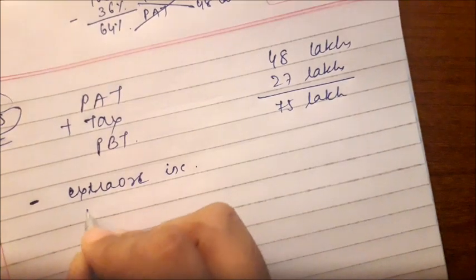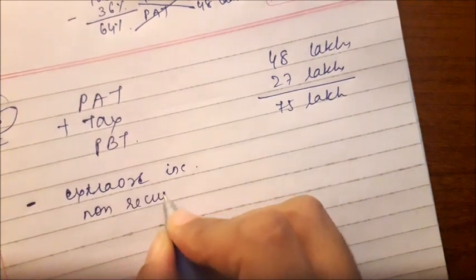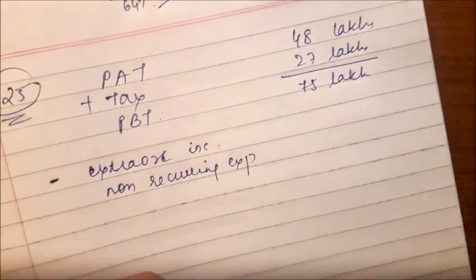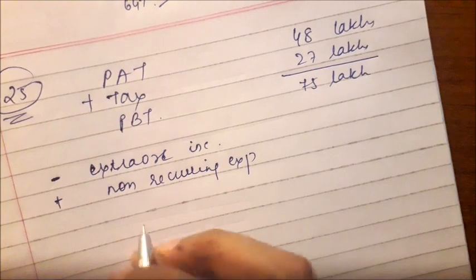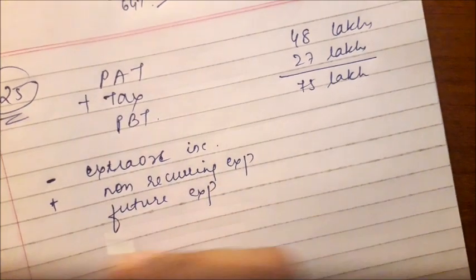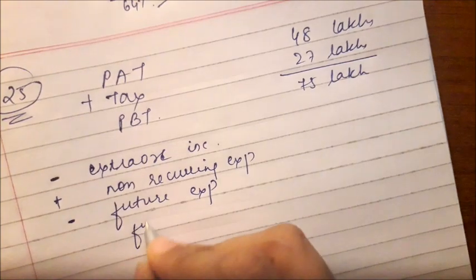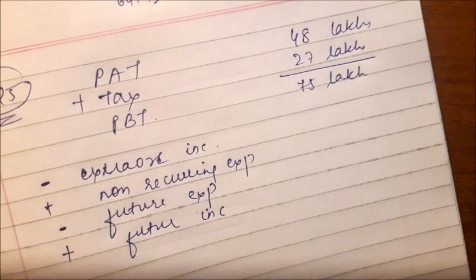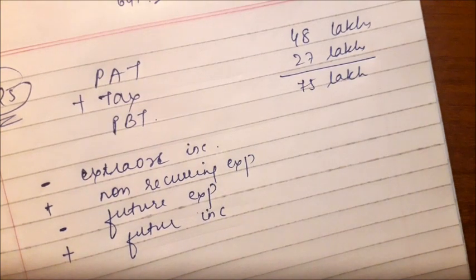Any non-recurring expenses which are not going to happen in future days, we are going to add. Any future expenses which are really going to happen, we will subtract. Future income which we are going to receive, we will add. So this way, there are 4 calculations which we are required to do.